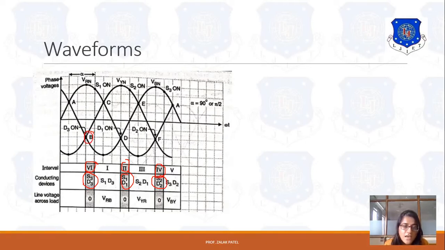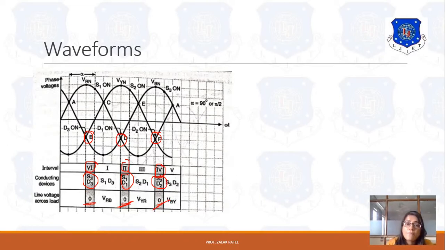This is also a phase crossover point, and during the second, fourth and sixth intervals, due to the same phase, the line voltage and line current will become 0. Here 0, again 0.